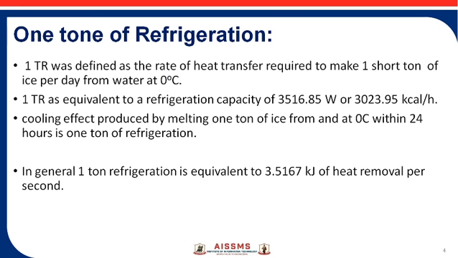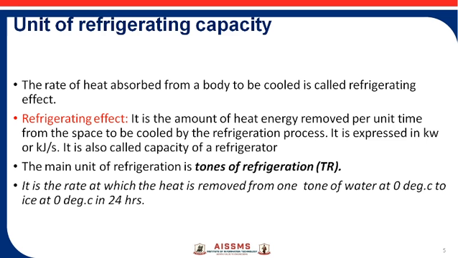In general, 1 ton of refrigeration is equivalent to 3.5 kilojoule of heat removal per second. The rate of heat absorbed from the body to be cooled is the refrigeration effect that we already know. The refrigeration effect is the amount of heat we are removing per unit time from the space to be cooled by the refrigeration process, expressed in kilojoule per second or kilowatt.